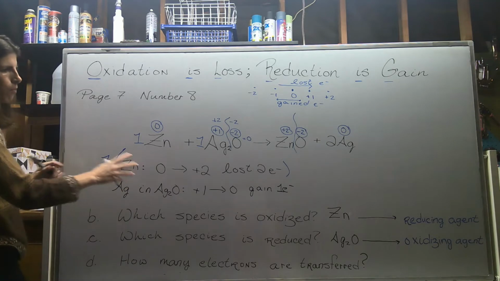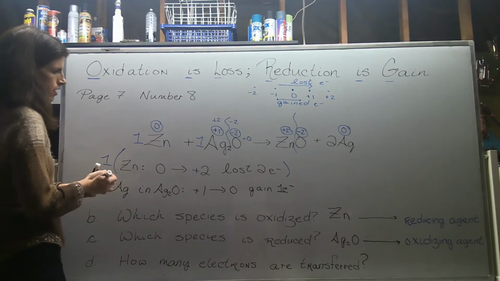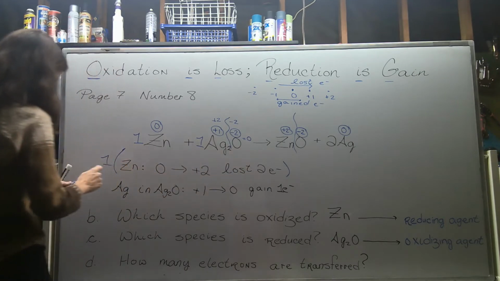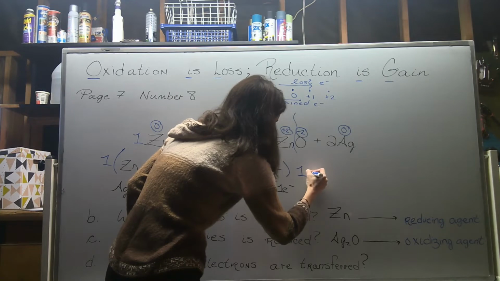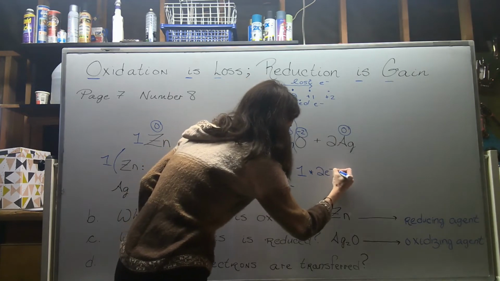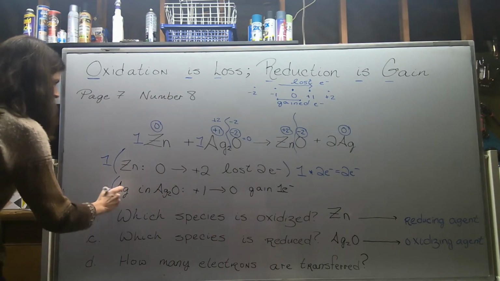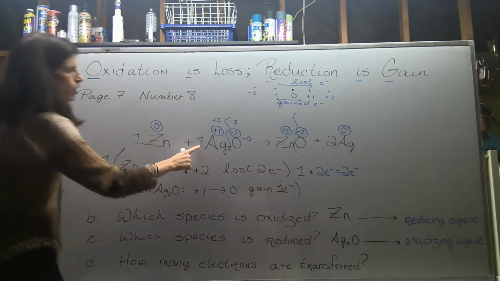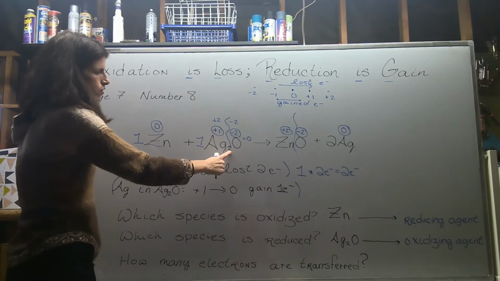So this whole process of losing electrons happened for 1 mole of zinc. So still I would do 1, the coefficient, times 2 electrons, and I get 2 electrons. For silver though, I have a coefficient of 1, but there's 2 silver atoms, or 2 moles of silver.